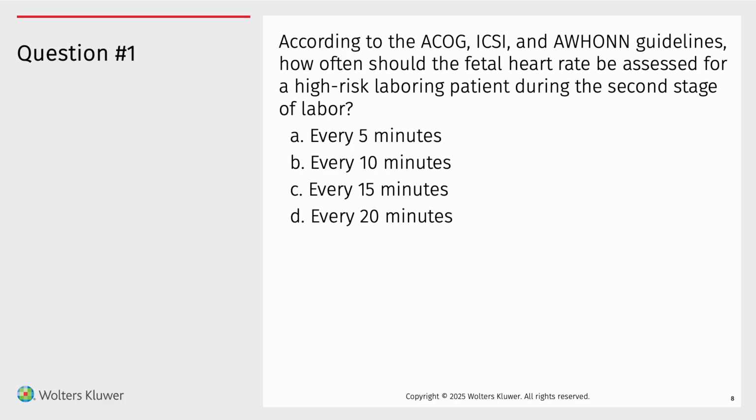Okay, we have our first question here. According to these bodies, ACOG, ICSI, AWHONN, guidelines, how often should fetal heart rate be assessed for a high risk laboring patient in the second stage of labor?